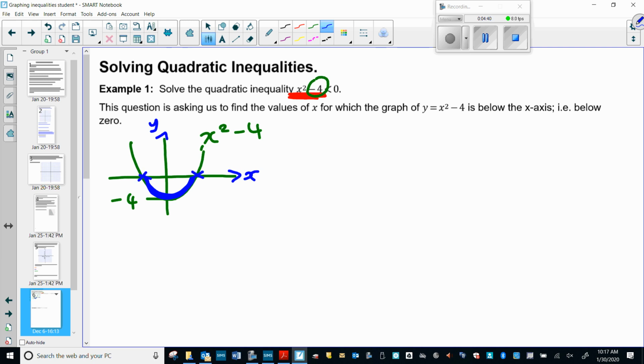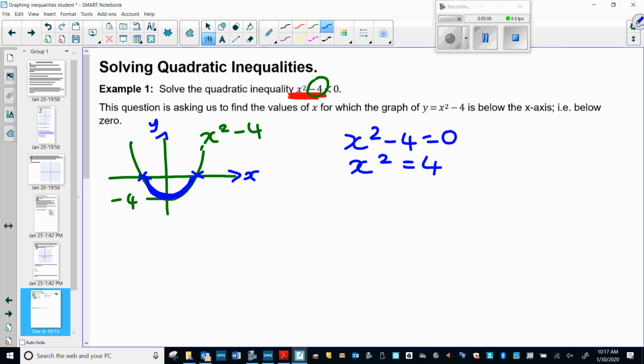So what I need to do is find out where it crosses the x-axis. I can do that by rearranging and solving this. So I would say x squared minus 4 is less than 0, or actually let's stick to equal to 0, because we're finding the places. So x squared is equal to 4.